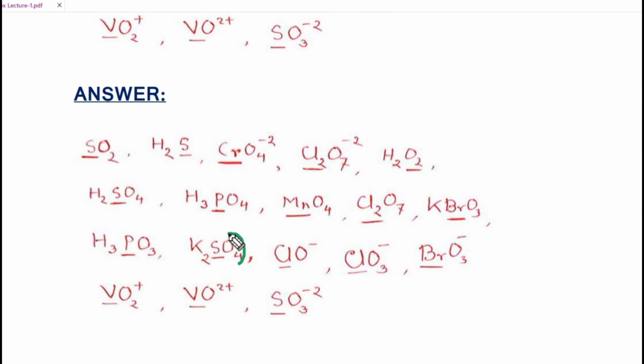Here 4 oxygen plus 8, 4 oxygen, 2 to the 2 4 the 8, negative 8, potassium plus 2, so if you do sum, 6 minus 6, sulfur will be plus 6.